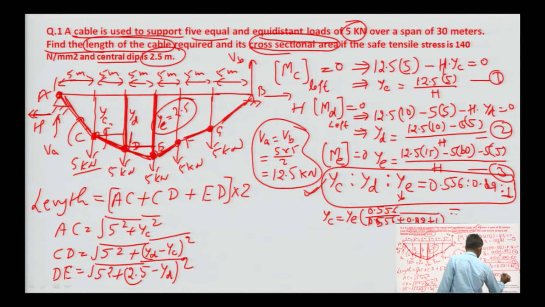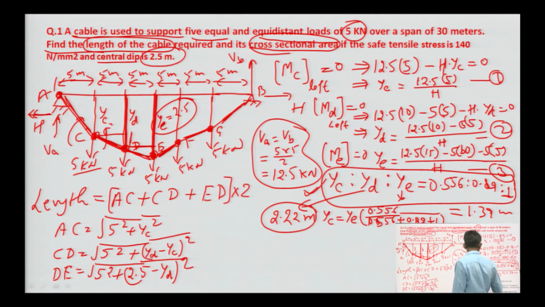This gives 1.39 meter. Similarly, the value of YD can be calculated with this proportion, and it comes to 2.22 meter.